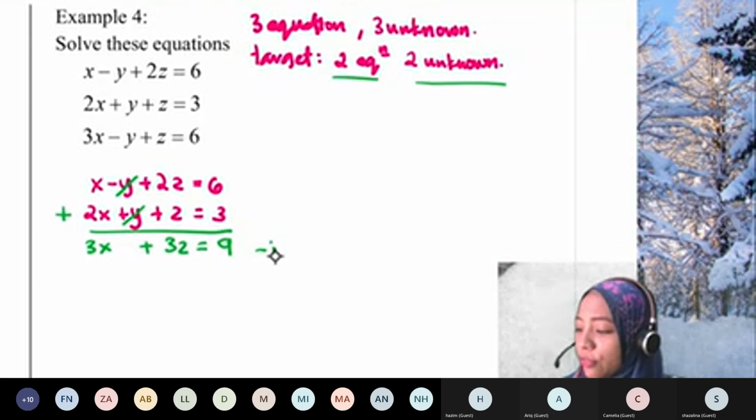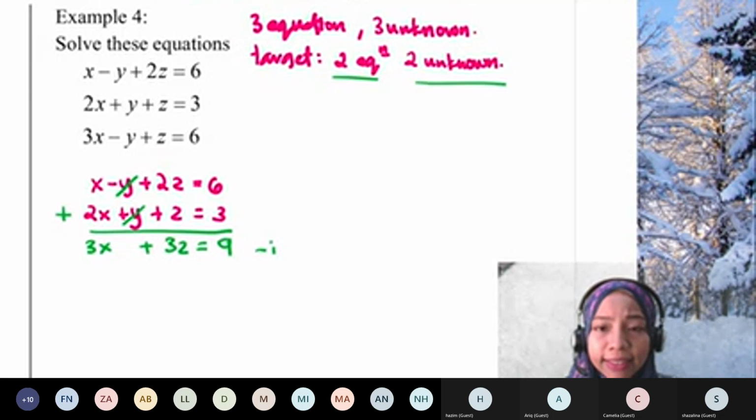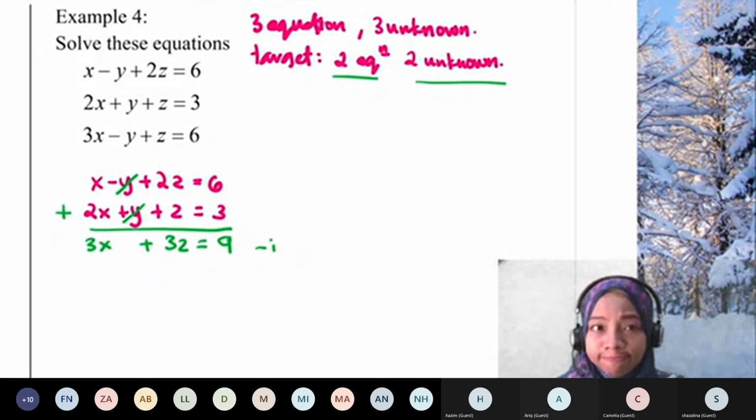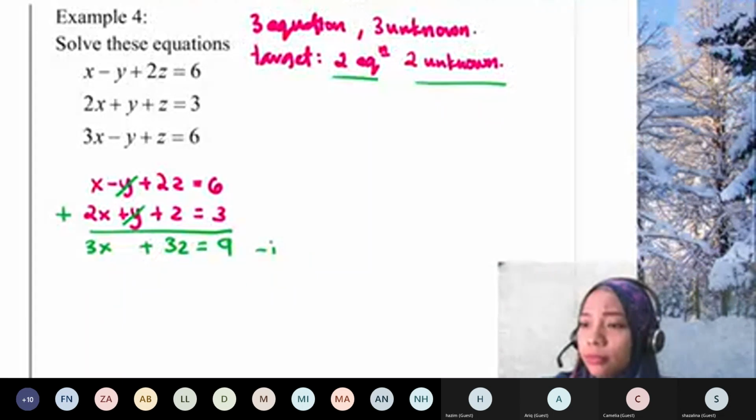Now your first equation only consists of X and Z. Okay, clear to you? Yes, madam.